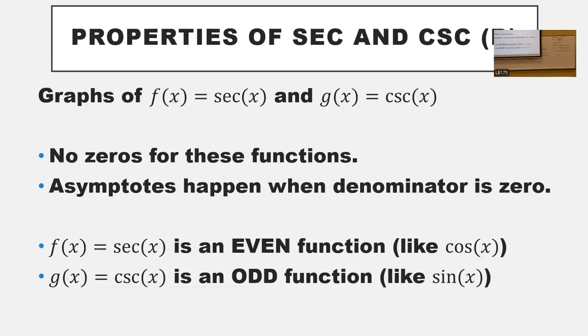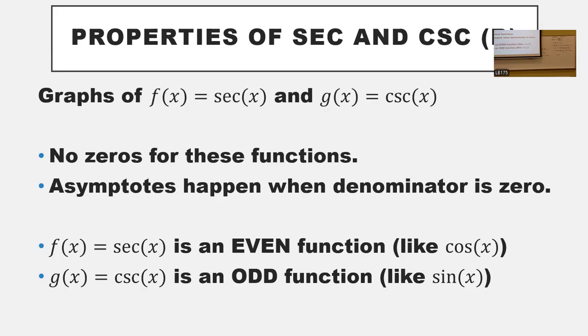And as we said, there are no zeros for these functions. We never cross the x-axis with secant and cosecant. The asymptotes happen when the denominator is 0. So in the case of secant, since secant is 1 over cosine, when cosine is 0. For cosecant, since that's 1 over sine, when sine is 0.